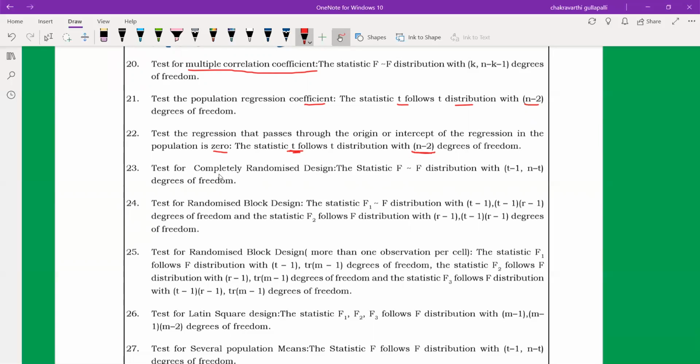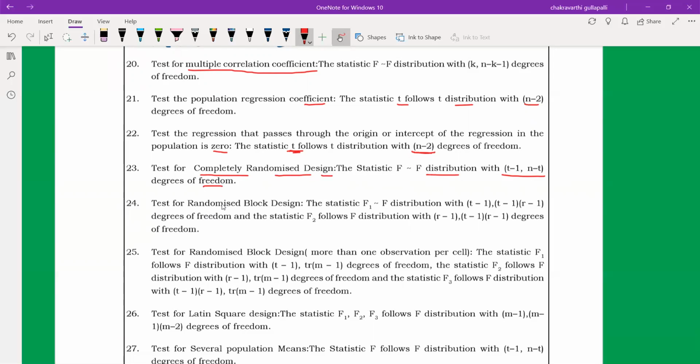Test for the completely randomized design, the design of experiments. So watch the design of experiments video. The statistic F follows an F distribution with t minus 1, n minus t degrees of freedom.